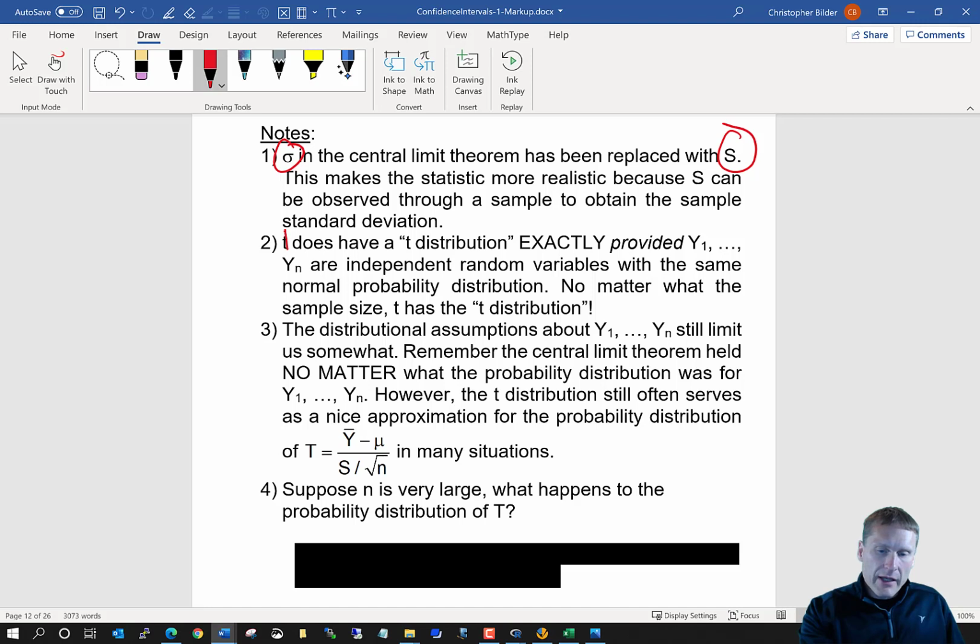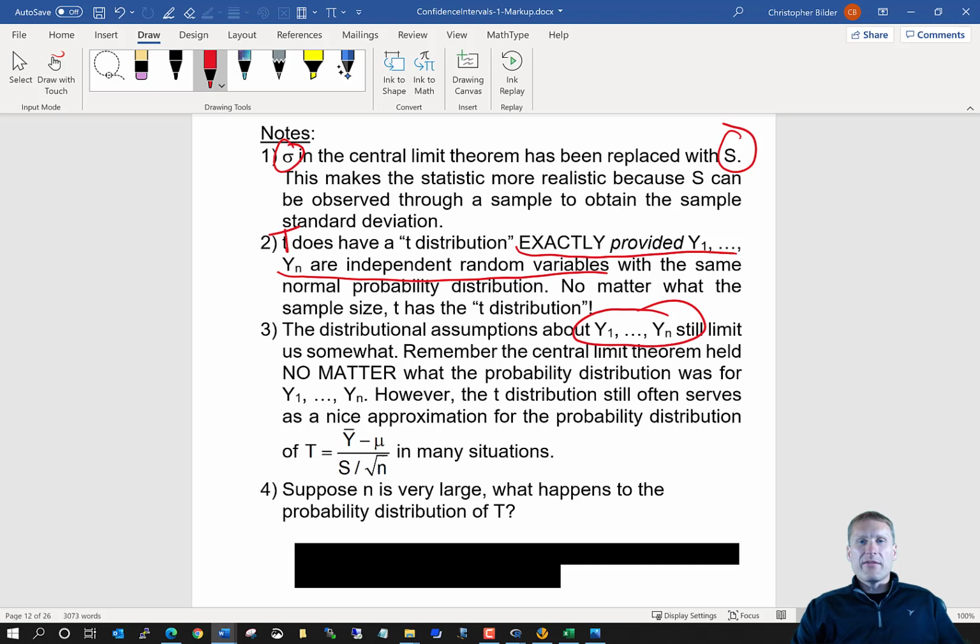Also, and it should be a capital T there, sorry about that. Also, this capital T, this random variable t, has a t-distribution exactly, provided that we have these normal random variables, or these random variables can be characterized by a normal probability distribution, no matter what the sample size is. Now you might be thinking, well, wait a second, Chris. Now you're adding an assumption to what we're trying to do here.